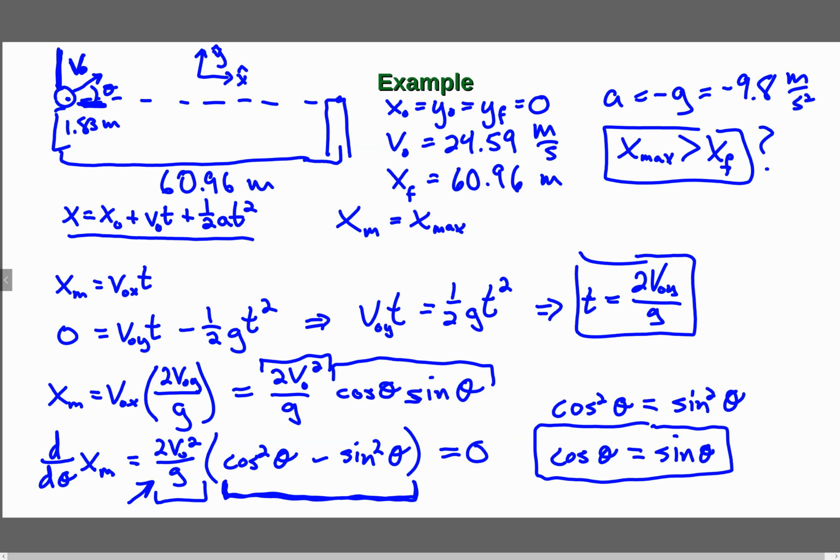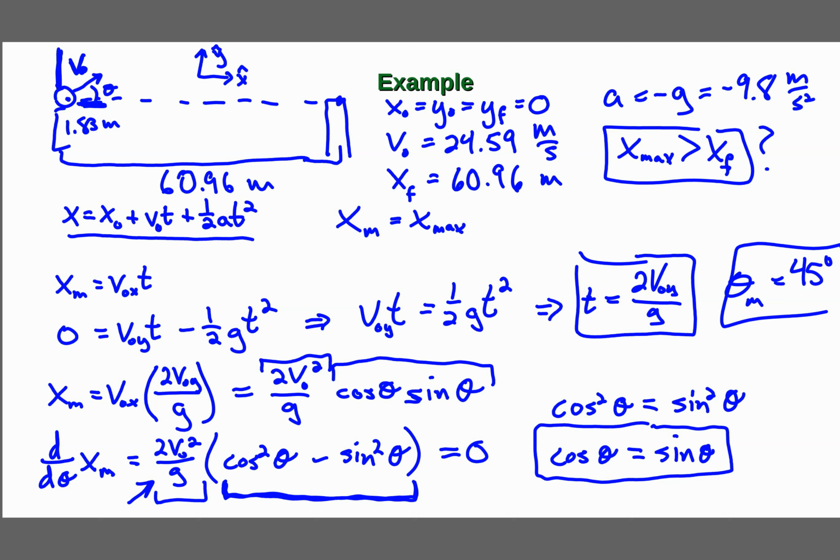So there's just one angle for which this is true, and that angle, theta, for max distance, when the starting height and the finishing height are the same, is 45 degrees. Okay? So that's a general result that we've determined here.